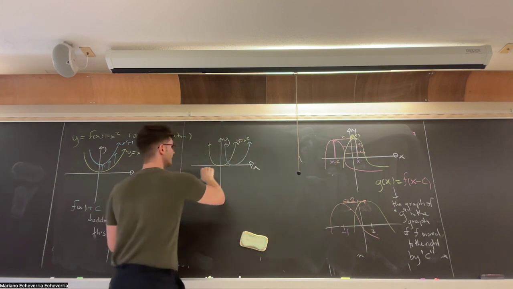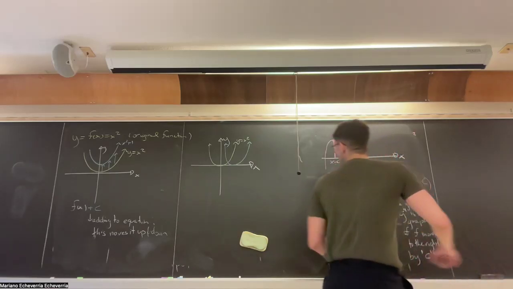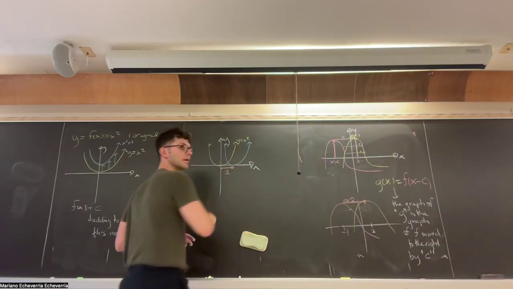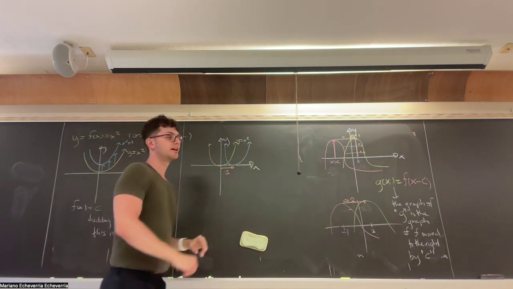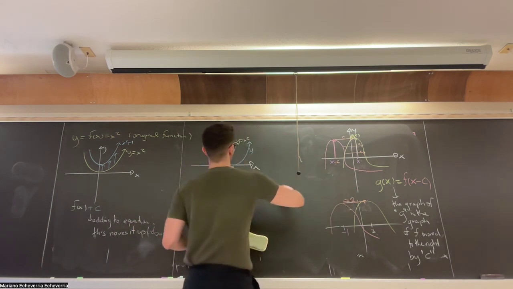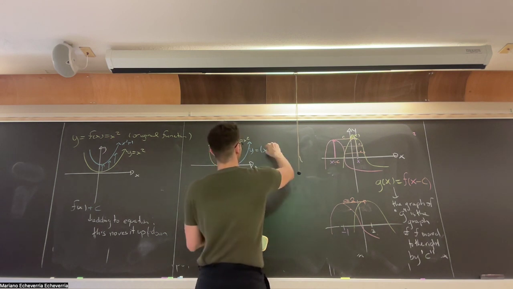And let's say I translated the parabola to the right by 1 unit, right? So now the x values are the ones that were shifted. And because of what I was saying earlier, this is just x minus 1 squared.